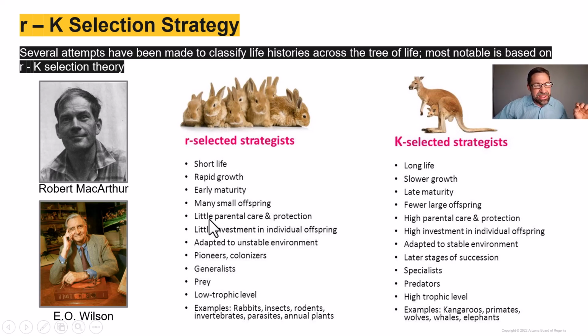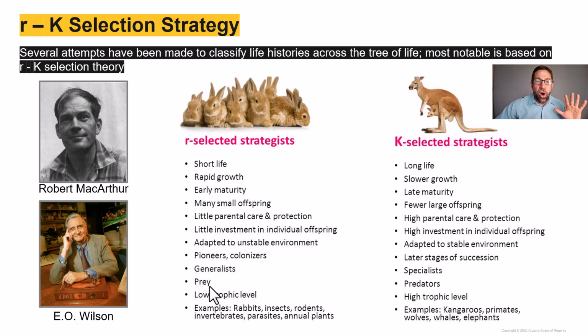They're going to put little energy into their young, and they're going to invest very little in parental care and protection. So they pump out so many babies that their offspring are considered cheap. They're expendable. r-selected species tend to be generalists. They tend to thrive in highly variable environments. They're good colonizers, and they tend to be low trophic level species, prey species.